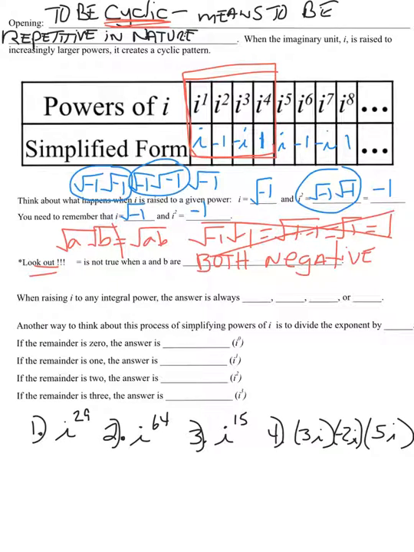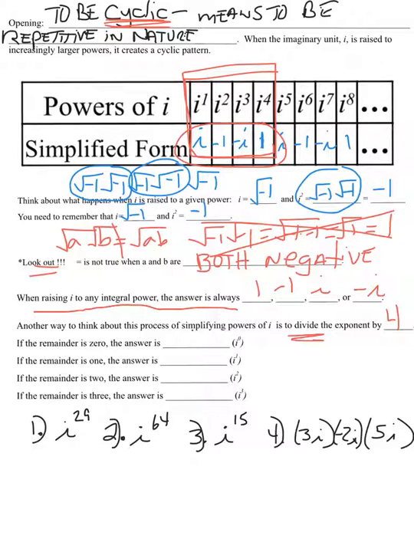So when raising i to any integral power, you are always going to get either a 1, a -1, an i, or a -i out of it. Or write it by the pattern you saw way back up here: i, -1, -i, and 1. Another way to think about this is all you have to do is simply divide the exponent by 4.